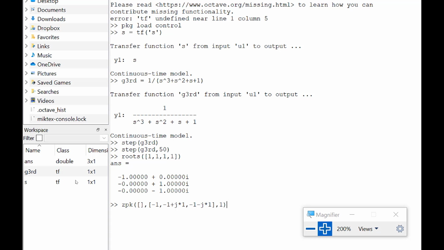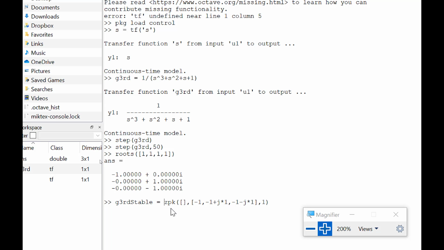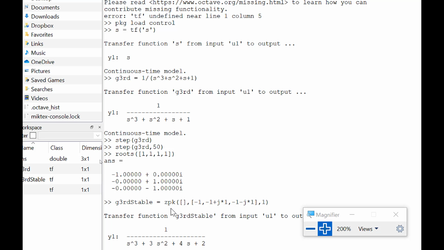We'll call that G third stable. I put all of the poles in the left half plane. There's my transfer function.